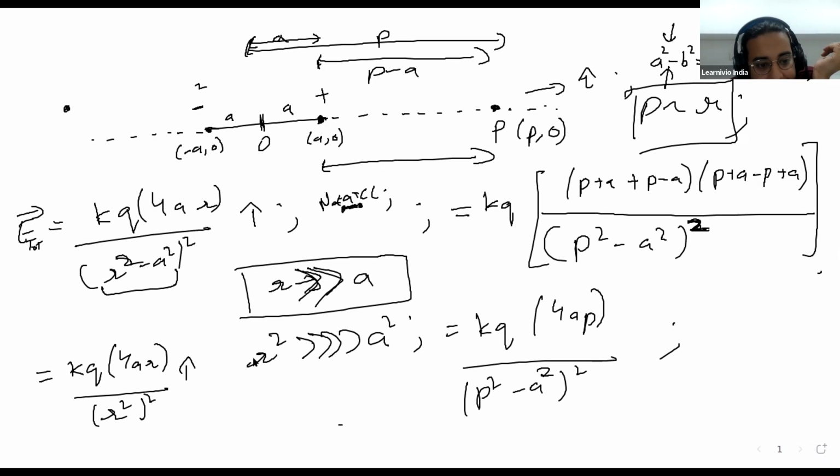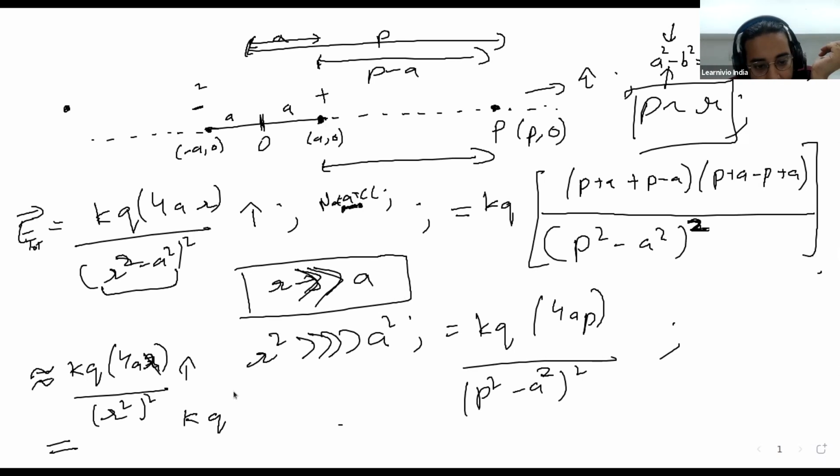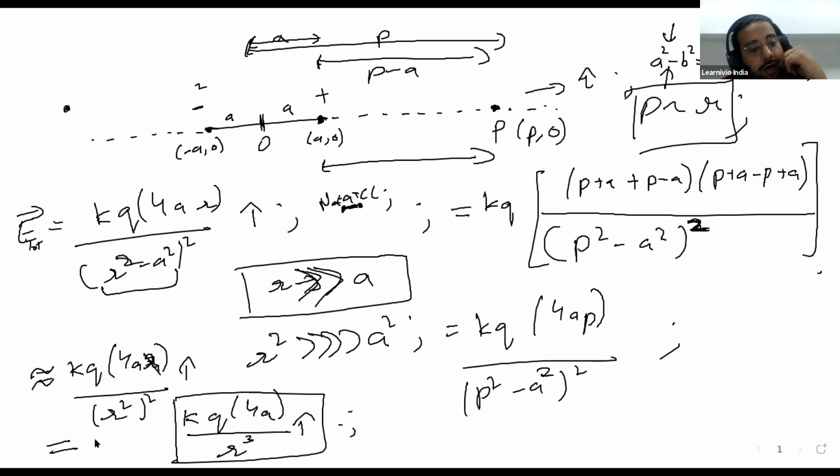Make sense? So this is approximately equal to: there's an r upstairs and four r's downstairs. So one of the r will go away, and what will remain is just kq 4a over r³, I cap.